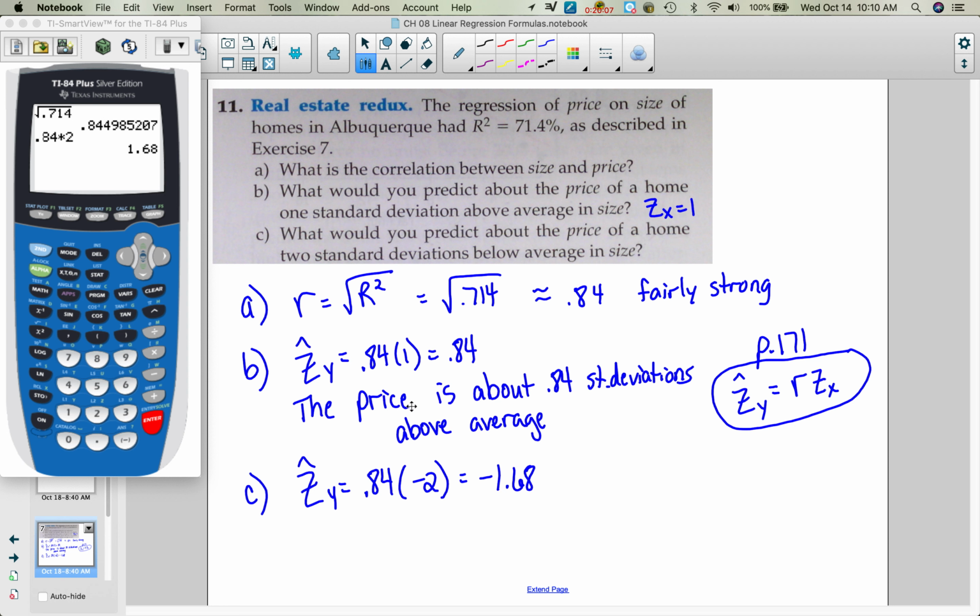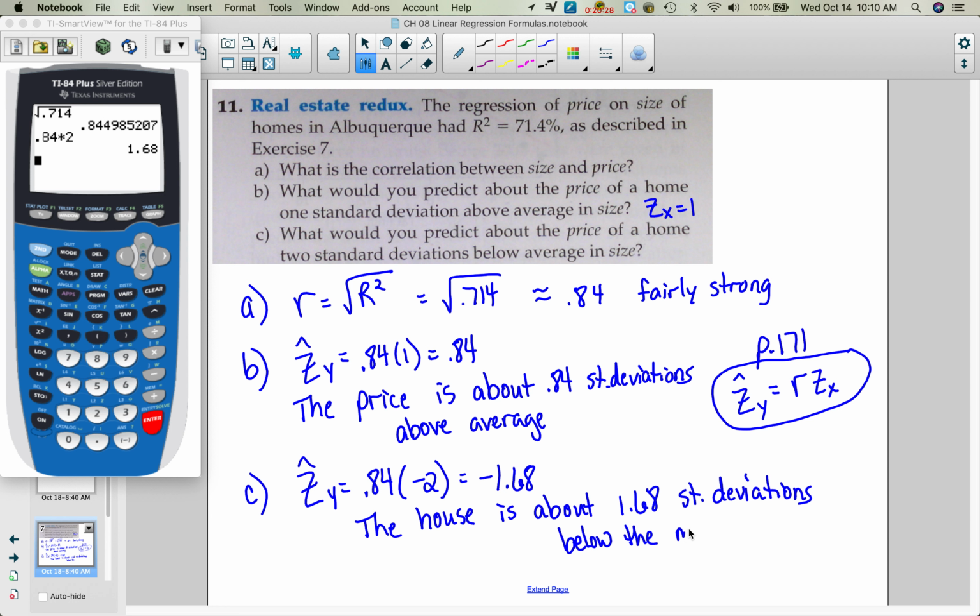So that means the house is about 1.68 standard deviations below average, or below the mean price. Okay, the house is about 1.68 standard deviations below the mean price. So that's what you would do there.